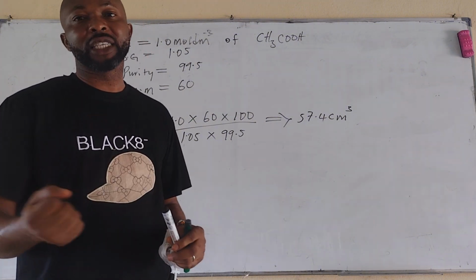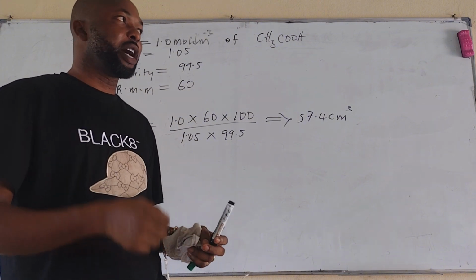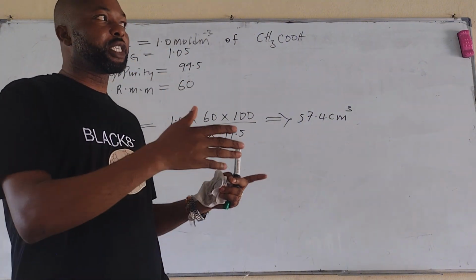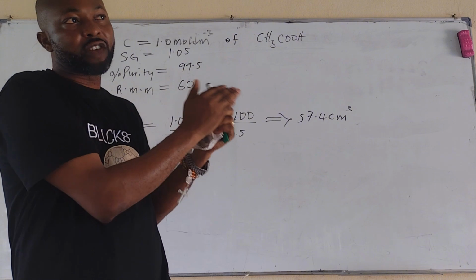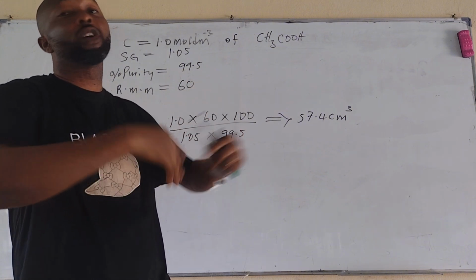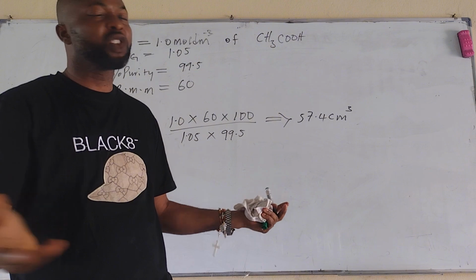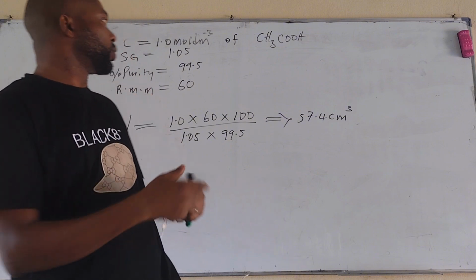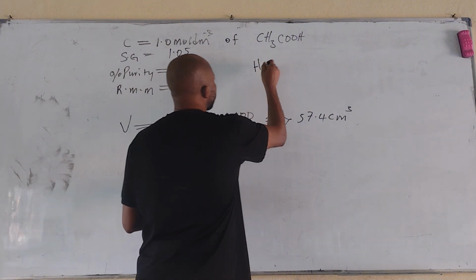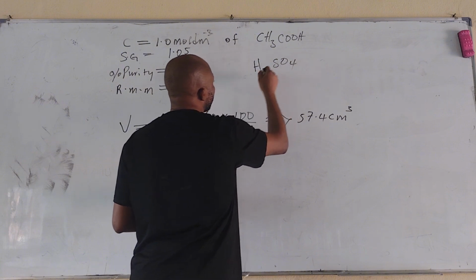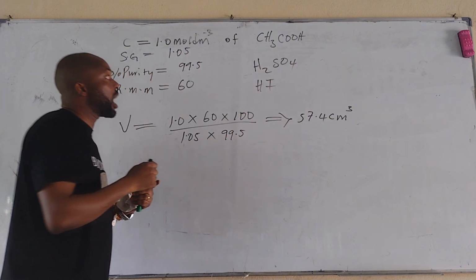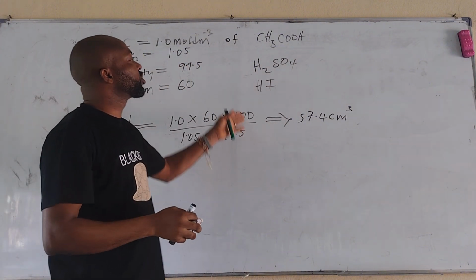The strength of acid is measured by, when we check our acid, base and salt, we say that tetraoxosulfuric acid is the strongest acid. Okay, but it's not the most concentrated. For example, we have H2SO4, but this is monobasic, this is dibasic. So how do we measure the strength of the acid?